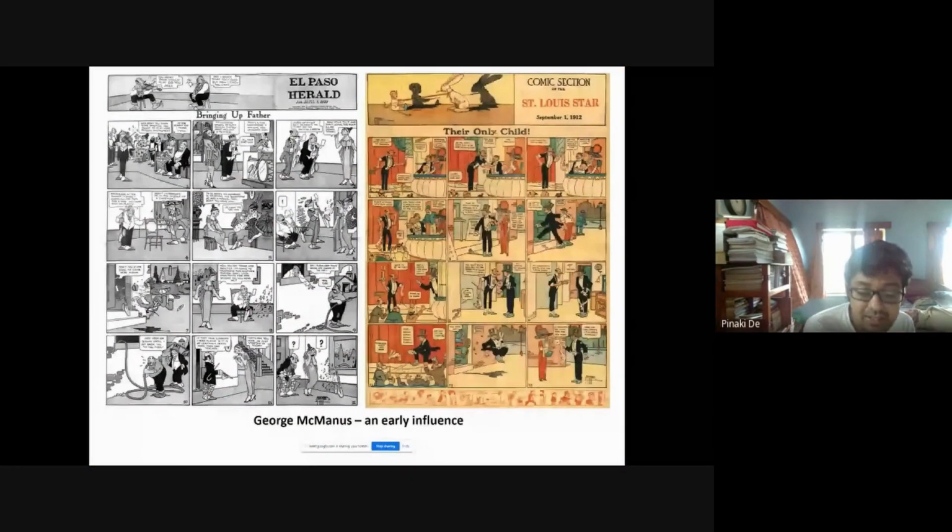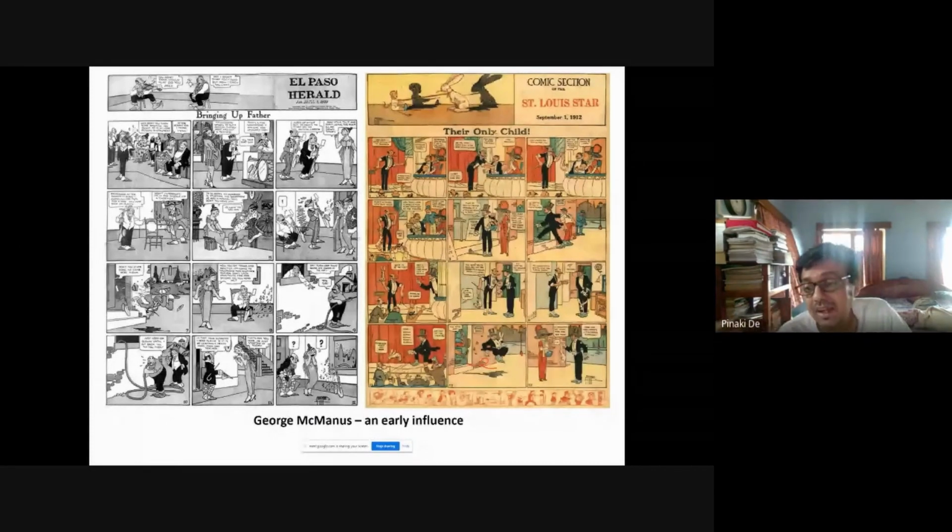Secondly, he was very influenced by George McManus. He's an American cartoonist who used to publish newspaper comic strips. And if you see the kind of drawings that he has, he's full of action, but you see that there is not much action depicted.